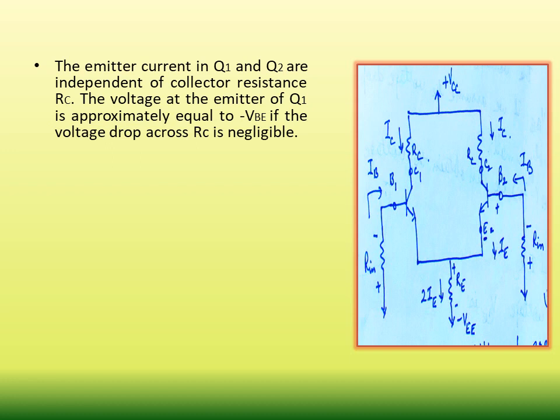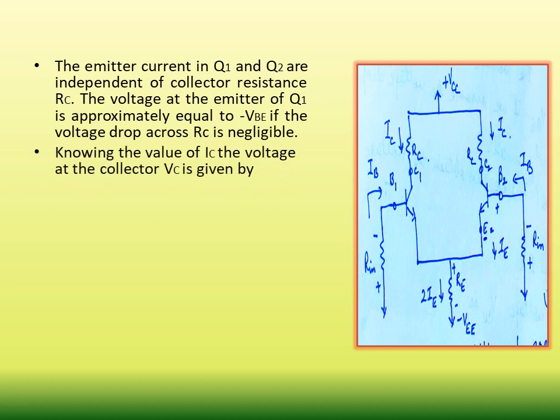So the voltage at the emitter of Q1 is approximately equal to minus VBE if the voltage drop across RC is negligible. By knowing the value of IC, the voltage at the collector VC is given by VC equals VCC minus IC RC. This equation has been discussed before.